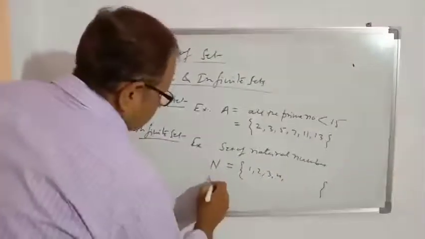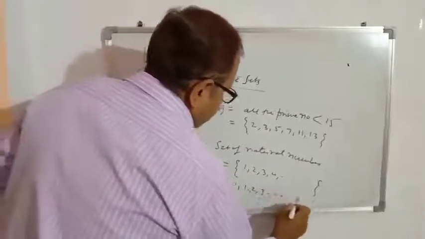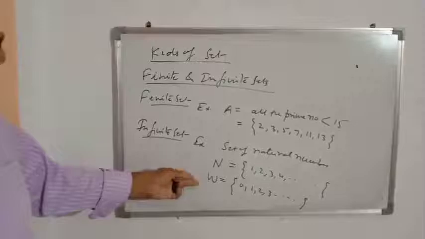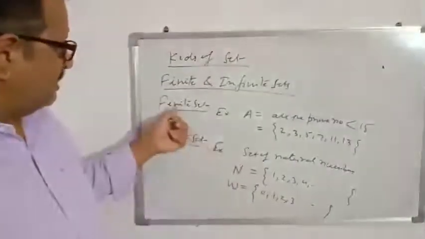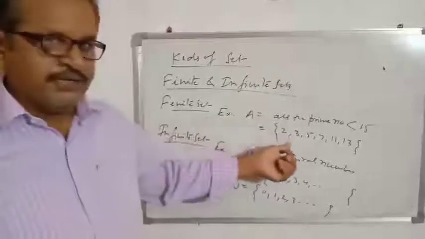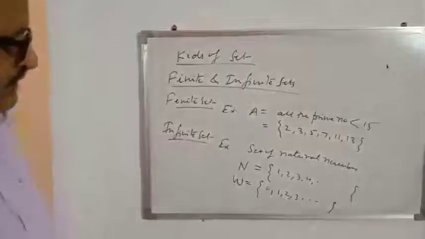Set of whole numbers, we can write 0, 1, 2, 3 up to infinity. So these sets are called infinite sets. Their numbers are unlimited, and in a finite set, a limited number of elements is there. So finite and infinite sets.